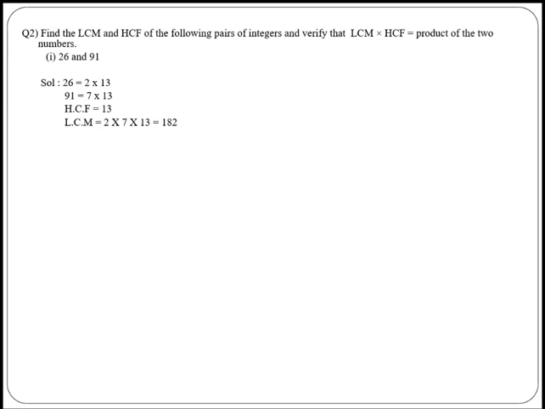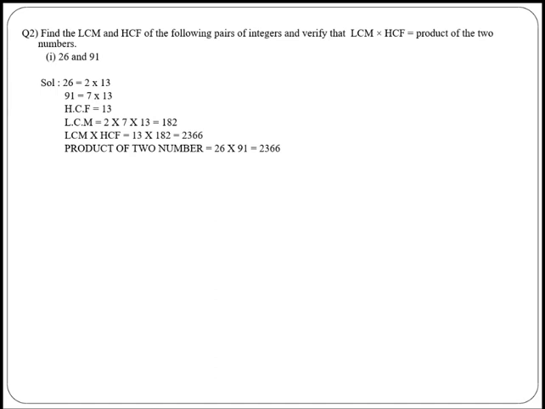Now we have to verify the formula LCM into HCF is equal to the product of the two numbers. For this we have to multiply LCM into HCF. So our LCM is 182 and our HCF is 13. When we multiply 13 into 182 we will get 2366. Now we have to find the product of the two numbers, which are 26 and 91.